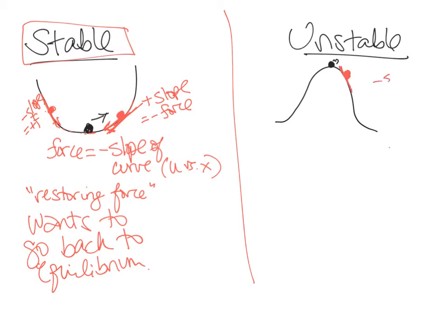That is a negative slope, which means it's going to feel a positive force. Positive is in that direction. Okay, and if you come down here, if you nudged it the other way, this slope is a positive slope, and so it is going to feel a force in the negative direction.